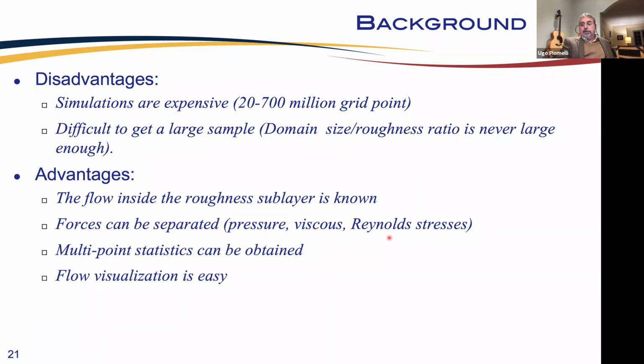We can look at the Reynolds stresses, their divergence, and look at the contribution of each of the terms in the momentum balance separately. Multi-point statistics can be obtained. Also, higher order statistics, turbulent kinetic energy budgets, for example, can be obtained. And you can do flow visualization and get your colored pictures that are so nice in your journal articles.